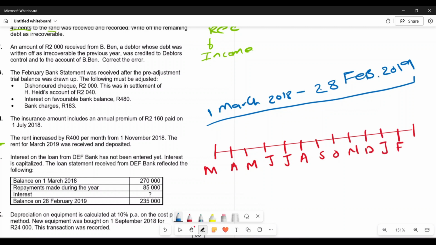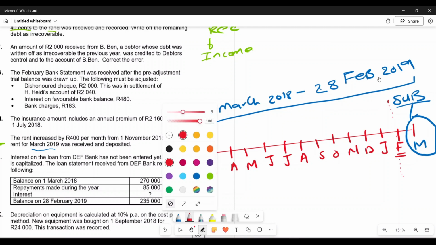And remember, they said I received my rent up until March. So the other month is March, and I need to subtract the rent for March. Why is that? It's because my financial year ends on February. This is where my financial year ends. I can only receive income up until Feb, right? So first you draw your timeline.